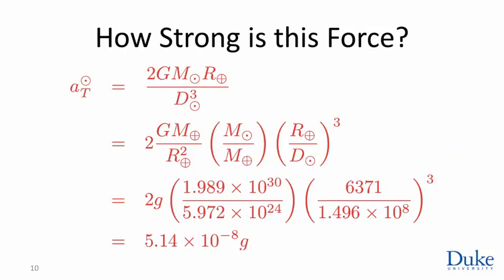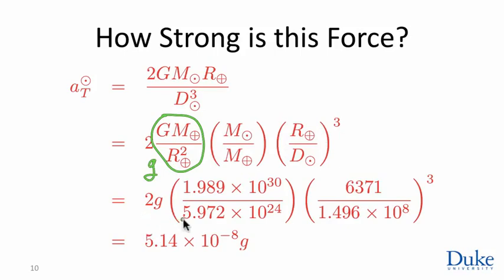We'll try to pull out a factor over here of the mass of the Earth divided by the radius of the Earth squared. I didn't have the mass of the Earth, I had the mass of the sun, so I get one factor here. I had the radius of the Earth divided by the distance to the sun cubed, so I get a scaling factor. Notice I have an acceleration that is known. This is our friend g. These are dimensionless factors, so I'm relating an acceleration to an acceleration.